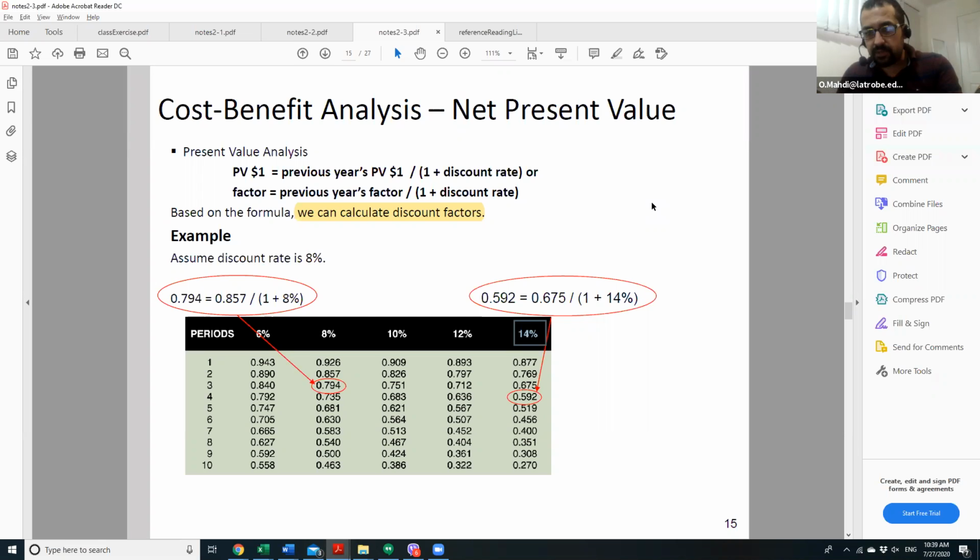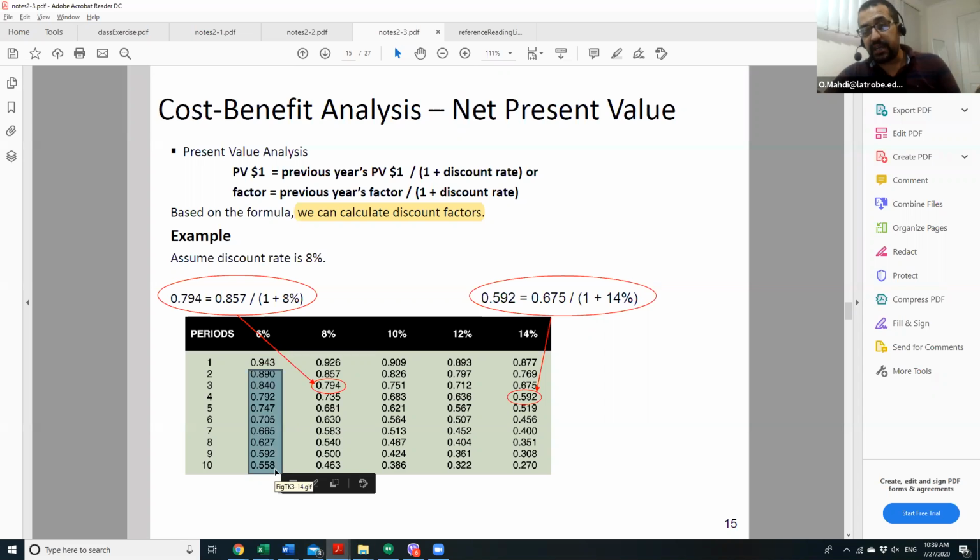You're going to have the same table, and I will ask you to provide the net present value based on the question. I will provide you the discount rate or the interest rate, and I will give you the first year only. Then from the first year you need to find the net present value for the rest of the years.